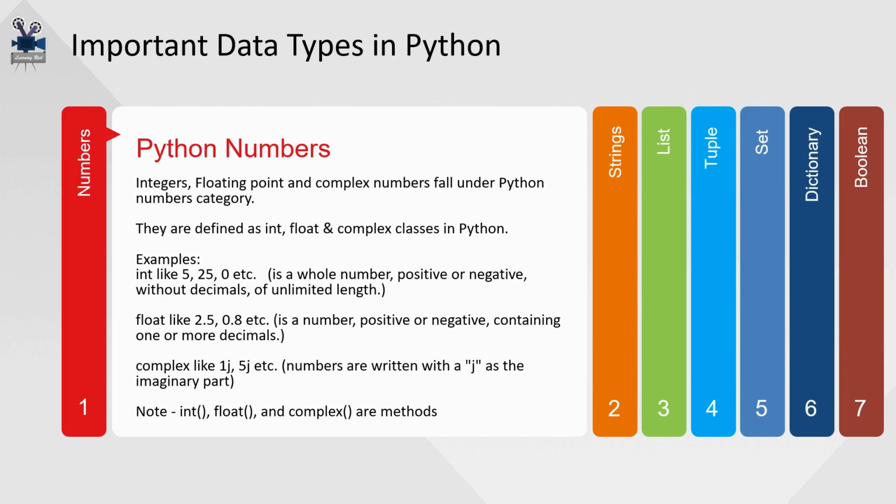Float, like 2.5, 0.8, etc., is a number, positive or negative, containing one or more decimals. The last on the list is complex, like 1j, 5j, etc. Numbers are written with a j as the imaginary part.